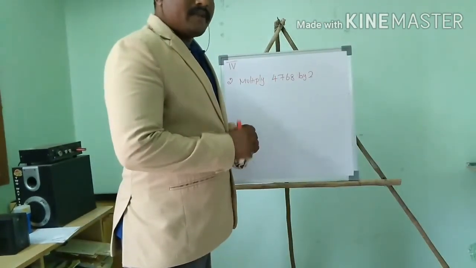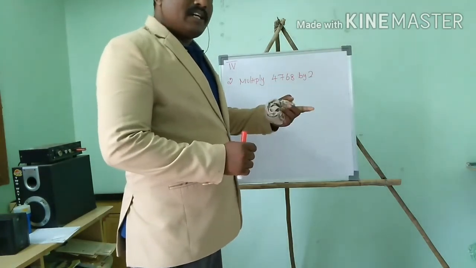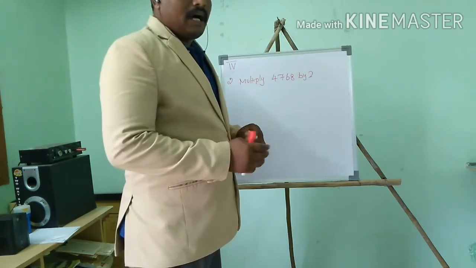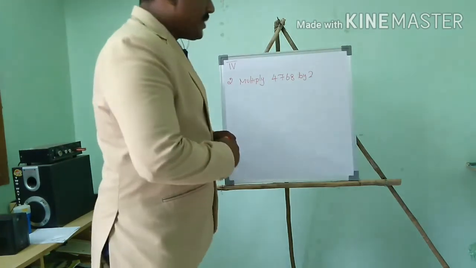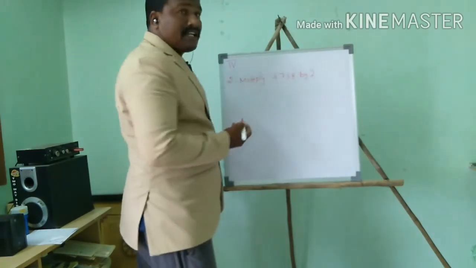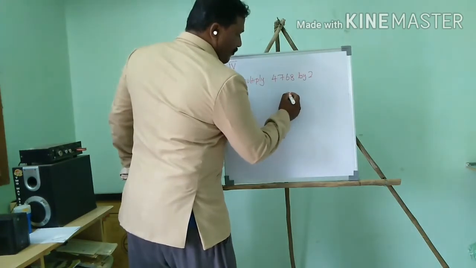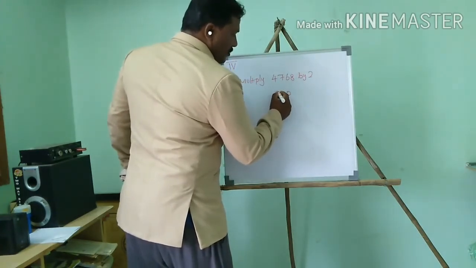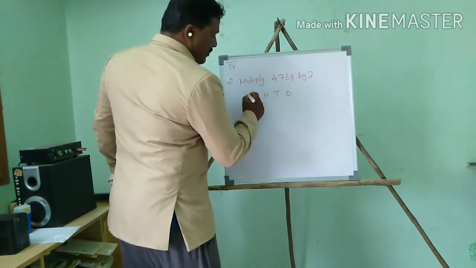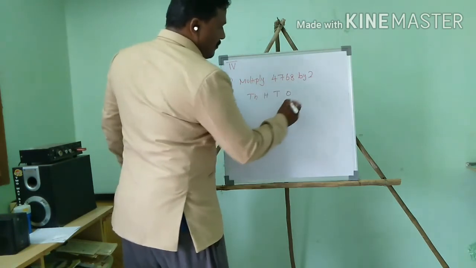Okay students, let me show example 2 with carrying. Before, we saw without carrying. Now we will see with carrying. How to do these kinds of sums? Let me write the big number to multiply. First I will write the place value chart: ones, tens, hundreds, thousands.